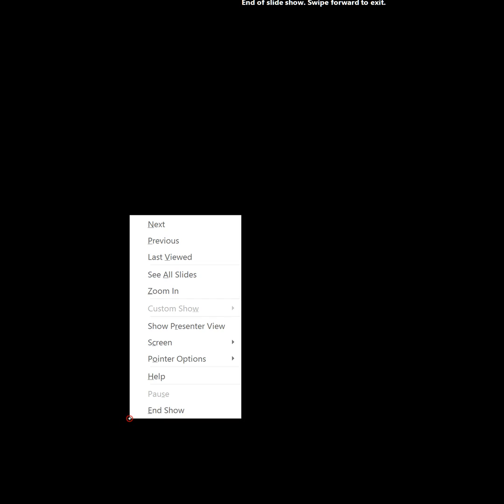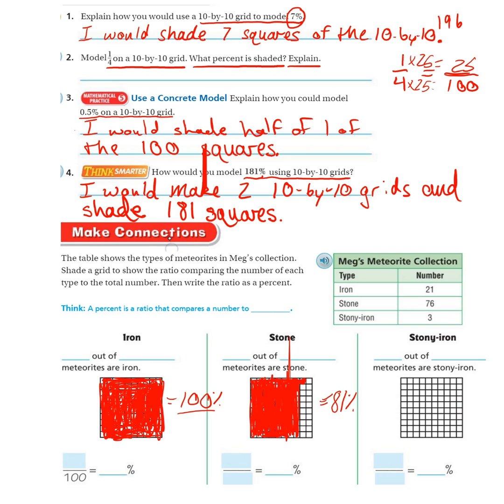I shaded 100 in the first and 81 in the second.